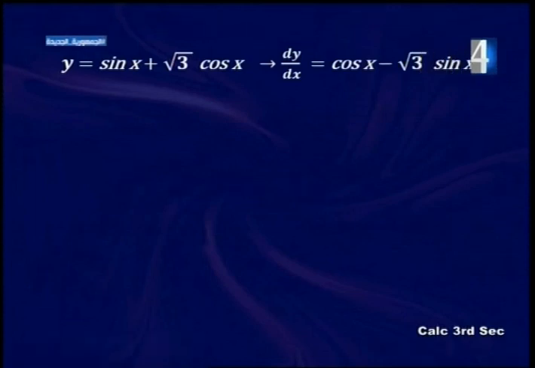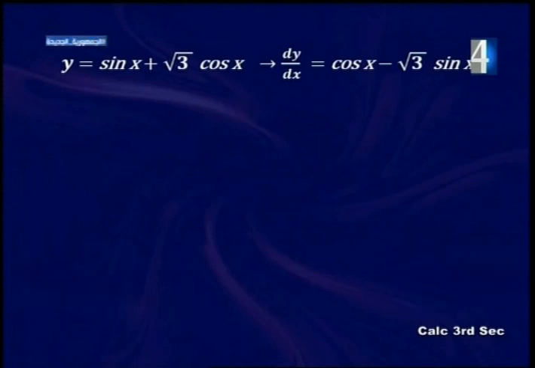The first derivative of this expression, dy/dx, equals derivative of sine x is cosine x plus root 3 multiply the derivative of cosine x. Derivative of cosine x is negative sine x, then dy/dx equals cosine x minus root 3 sine x.